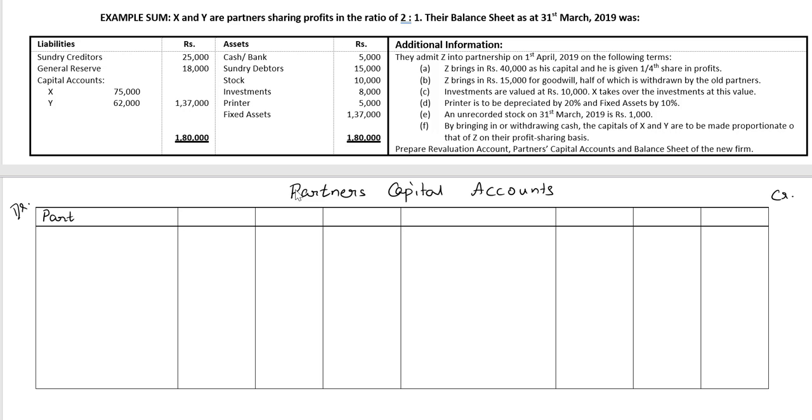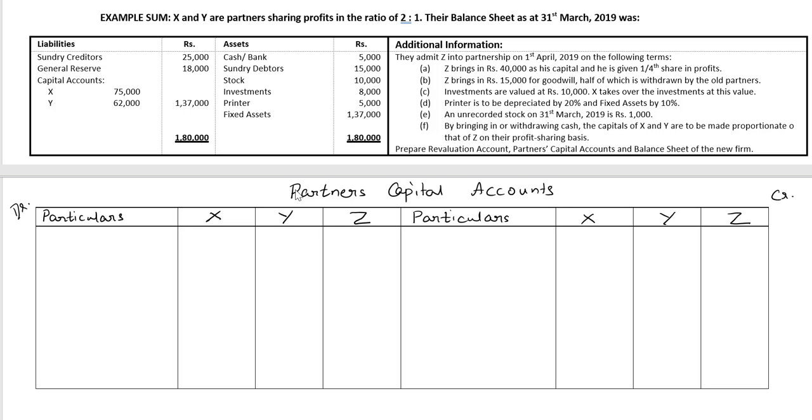Particulars: partner X, partner Y and partner Z. And on the credit side again, particulars: partner X, partner Y and partner Z.